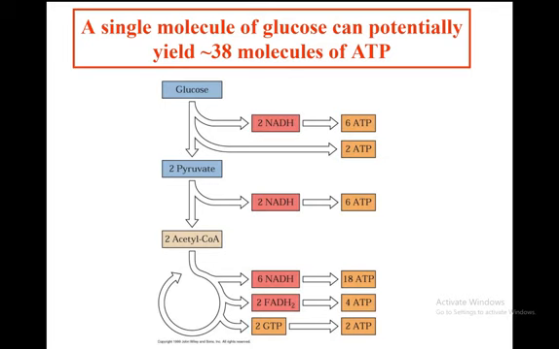So overall, a single molecule of glucose can potentially yield around 38 molecules of ATP. And remember that ATP can be generated with glycolysis.